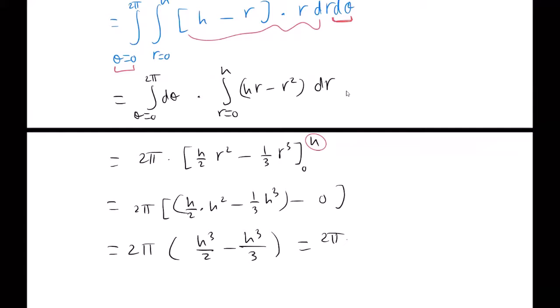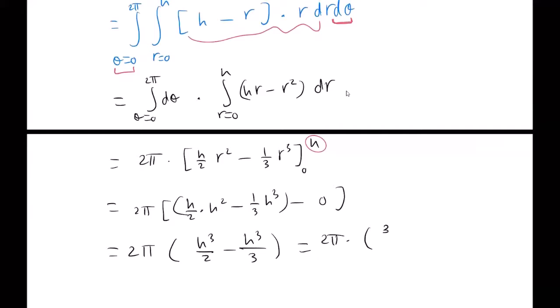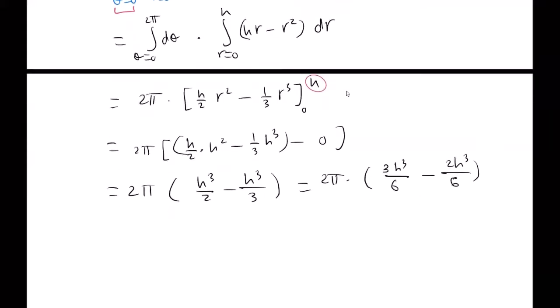2 pi times this, we can have a common denominator, which is 6. Multiply here by 3 up and down to get 6. Here we multiply up and down by 2 to get 6. 2 times 3 is 6. Why do we do that? To have a common denominator, so we can add and subtract.